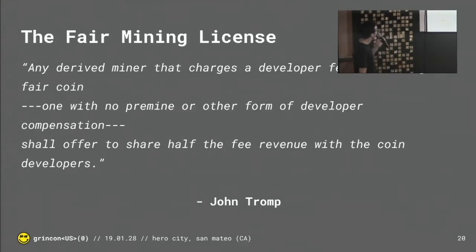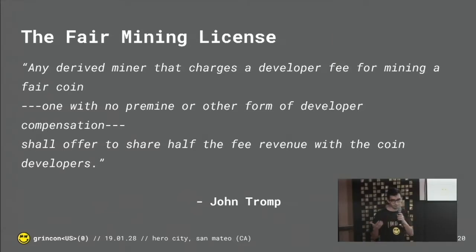Any derived miner that charges a developer fee for mining a fair coin, one with no pre-mine or other form of developer compensation, shall offer to share half the fee revenue with the current developers, which kind of makes sense, because if you are making money developing a miner while other people are working for free, giving back is normal. It's really important for us to develop a healthy ecosystem, especially with Grin, where there is no ICO and no founder reward.